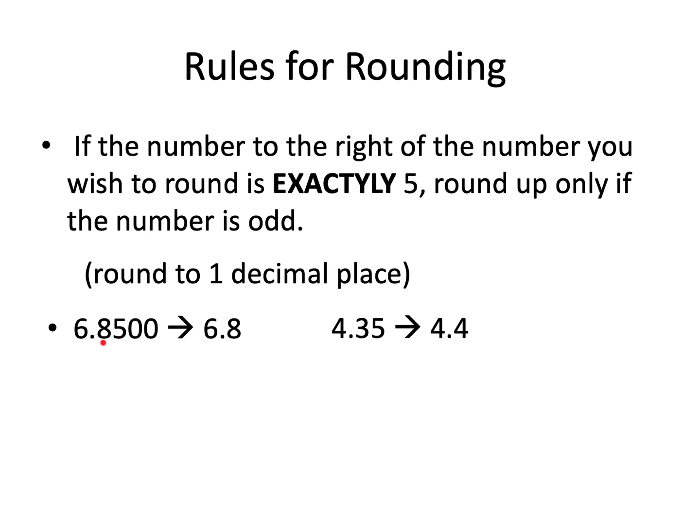I only round it up if it's odd. And so I don't round, it's 6.8. But if I've got 4.35, and this is exactly 5, there are no non-zero numbers beyond the 5, this 3 tells me that digit is odd. So if this number is odd, you round it up. If, however, it's even, you don't round it up.